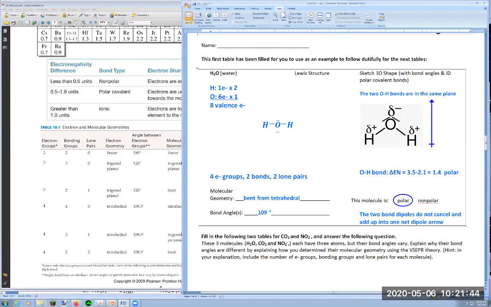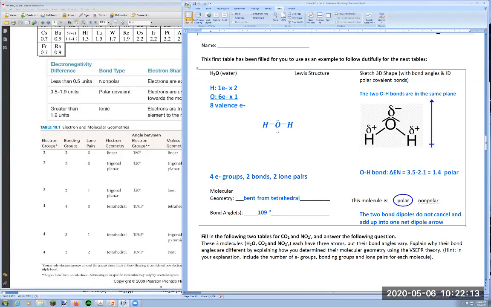Next, you need to determine the electronegativity difference between the bonded atoms. Here we have O-H and O-H. So you want to calculate the electronegativity difference between oxygen and hydrogen, because there is no need to do, for example, between H and H. There is no bond like that. So only do the electronegativity difference for actual bonds.